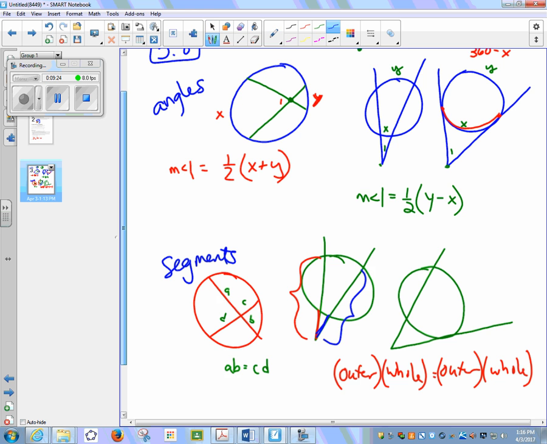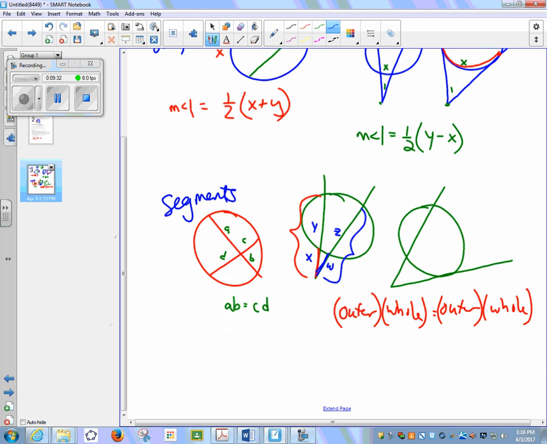So if we put things in here like x and y and w and z, our equation would say x times x plus y, because that whole thing is x plus y, and this whole thing is w plus z, equals w times w plus z.